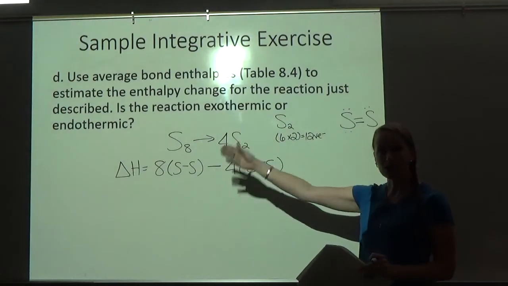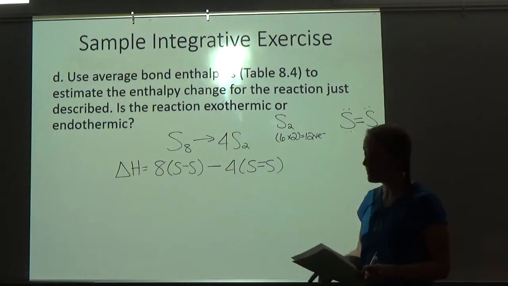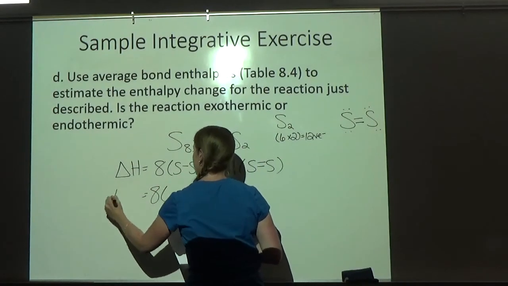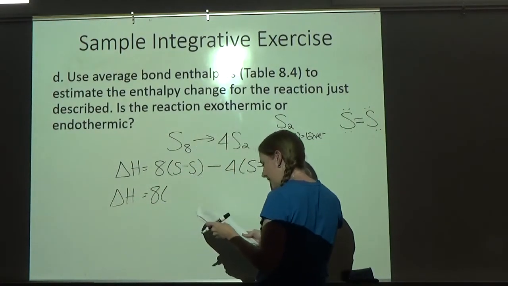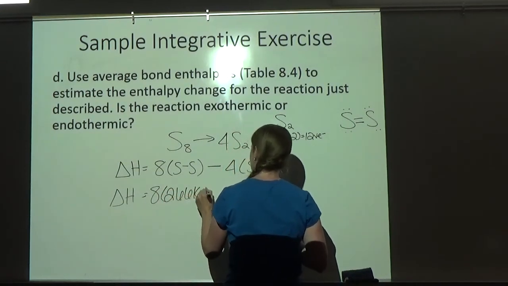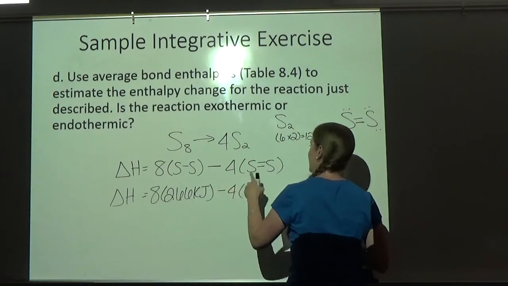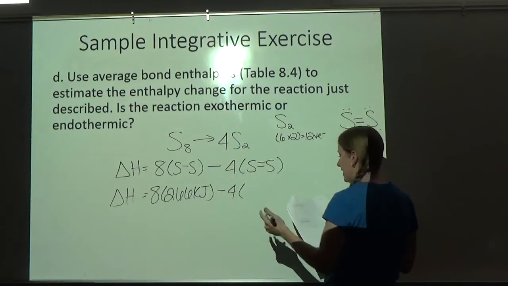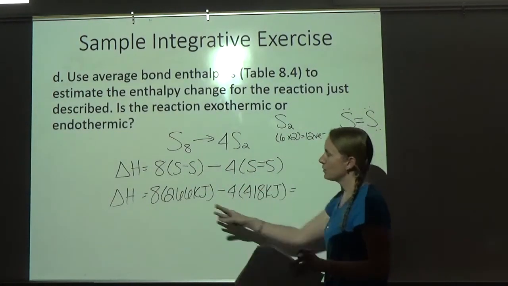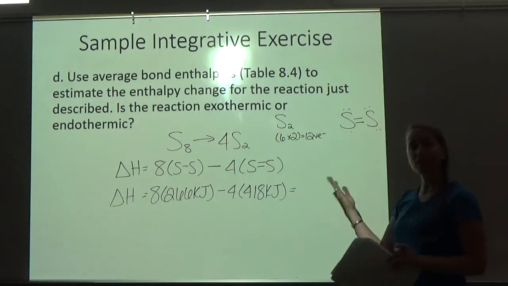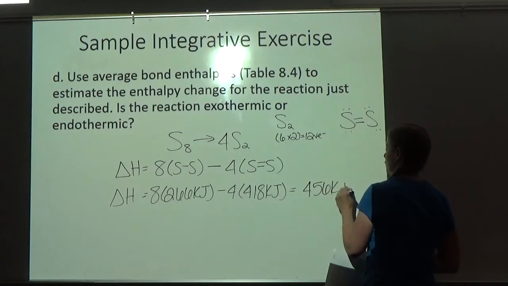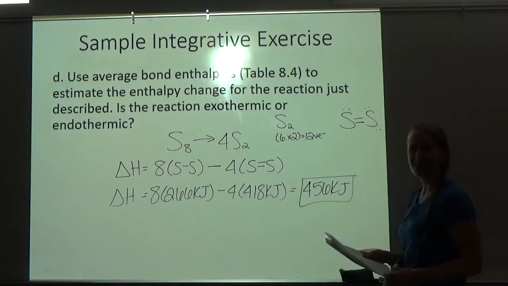So if you look at your table 8.4, which you have in your packet, your bond enthalpies, for our S-S bond, we get a number of 266 kilojoules. And for our S=S double bond, we get a number of 418 kilojoules. So once I multiply this number by 8 and this one by 4 and then subtract the two, I get 456 kilojoules. So see, that wasn't that bad.